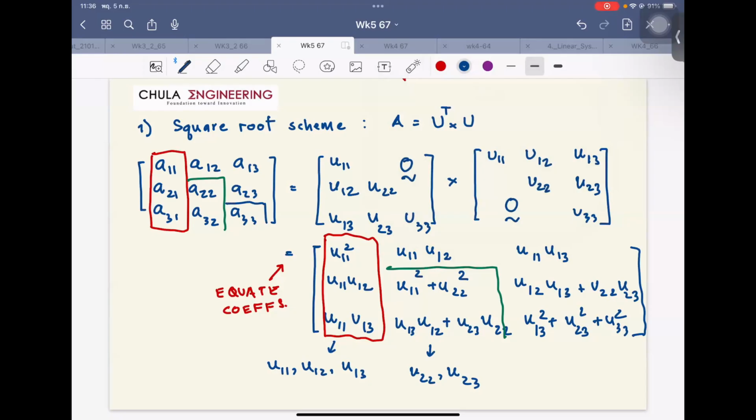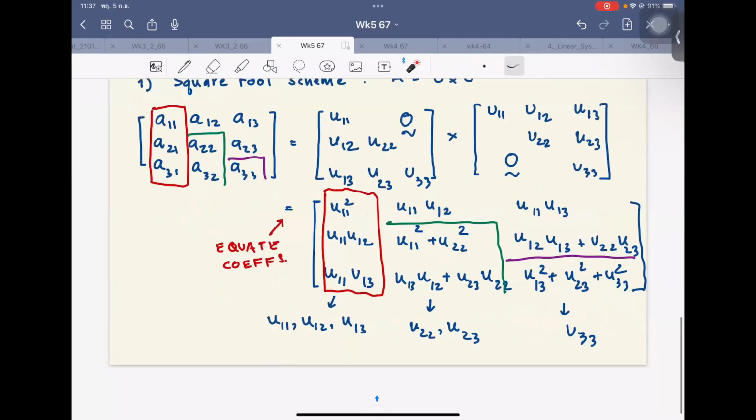Now we match A33 with the whole thing here. You get U33, and you can see that U33 equals A33, subtracted by these terms, and then take the square root.